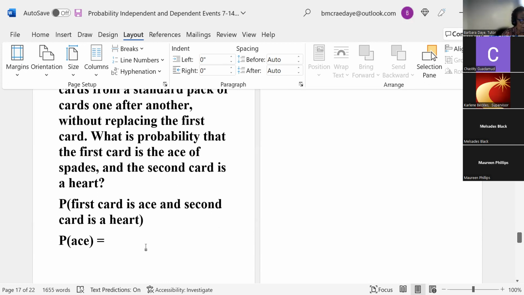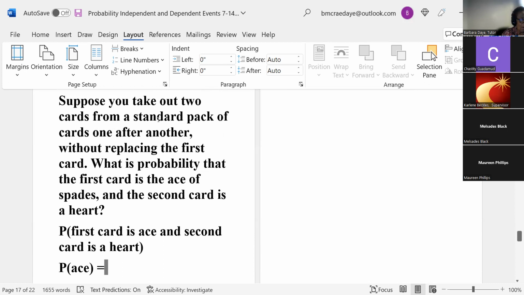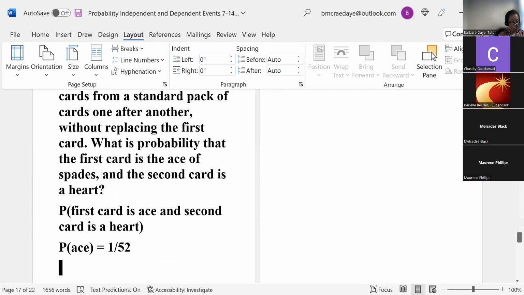If you take a card out of a deck of cards, what's the probability you get an ace, Maureen? That's 1/52, the probability of any card, because there are 52 cards in the deck. Now you don't replace it. So you have 51.